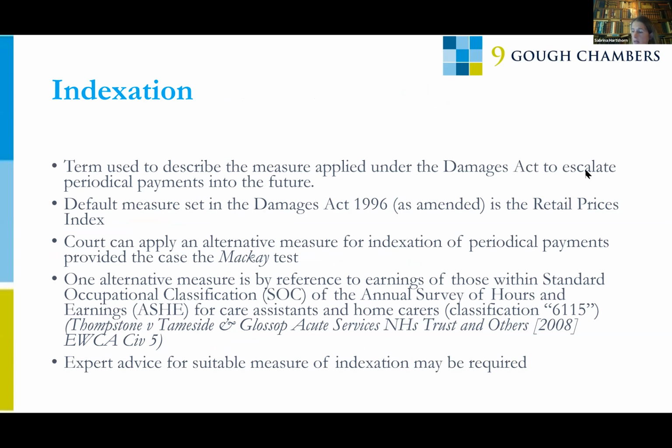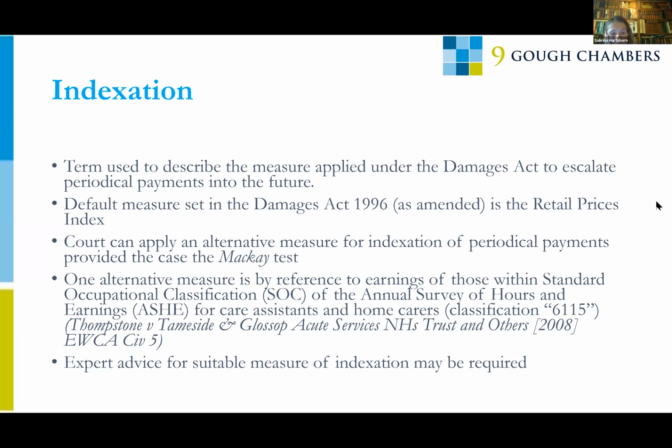Now, I haven't produced the Mackay test in my slides here. It appears at paragraph 168. They have replicated that in the notes for you. And one alternative measure, if you're dealing with a care claim, for example, is by reference to earnings of those within the Standard Occupational Classification, SOC, of ASHE for care assistants and home carers.